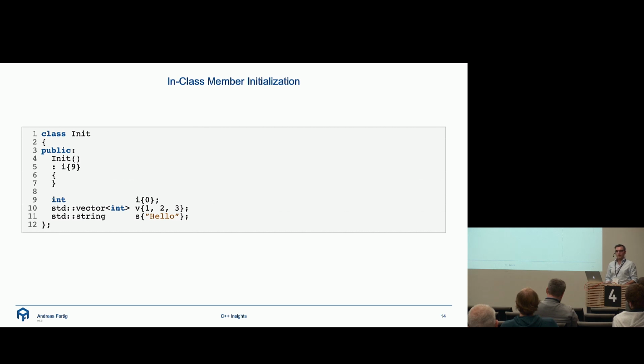In my default constructor, I'm initializing the int member i to 9. And then I'm using in-class member initialization later to initialize all the 3 members to some values I like: 0, 1, 2, 3, and hello.